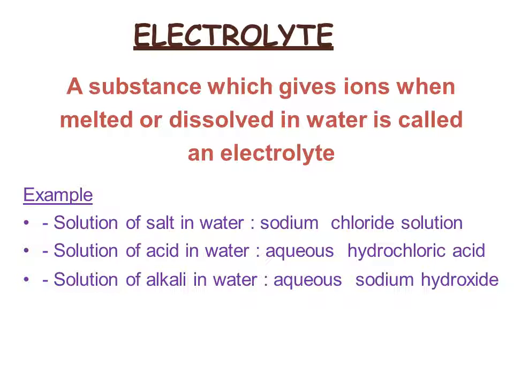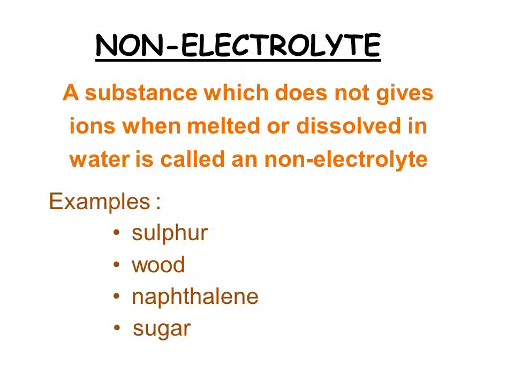Now let's move to non-electrolyte. A substance which does not give ions when melted or dissolved in water is called a non-electrolyte. That means opposite to electrolyte. In electrolyte, if any substance is dissolved in water, it releases ions. But in non-electrolyte, ions aren't released.